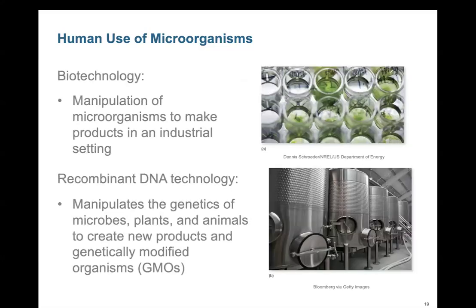Biotechnology, this is manipulation of microorganisms to make products in an industrial setting. Recombinant DNA technology manipulates the genetics of the microbes, plants, and animals to create new products of genetically modified organisms. For example, human insulin is something that is made using yeast cells these days.